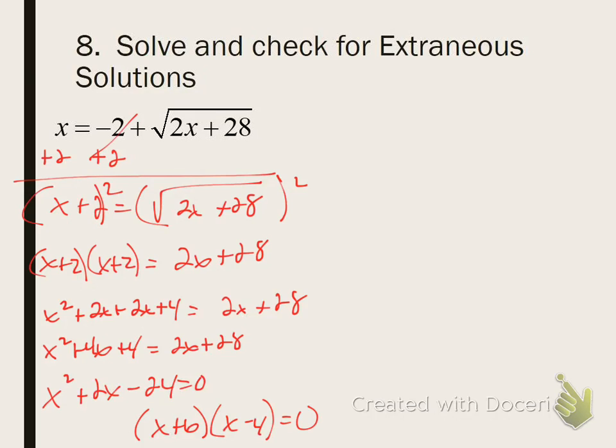Which means that when we set those two equal to 0, we're going to get negative 6 and 4 as possible solutions. But we do definitely want to check, right? So negative 6 equals negative 2 plus the square root of 2 times negative 6 plus 28.